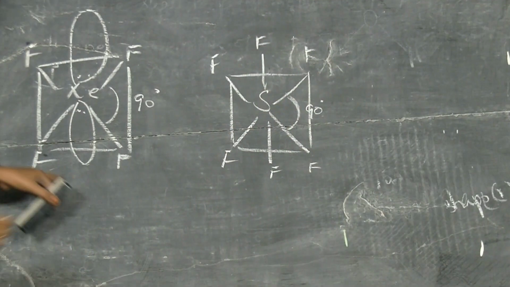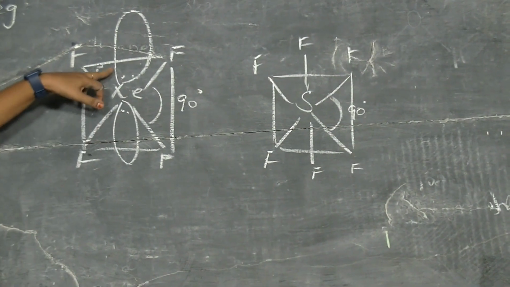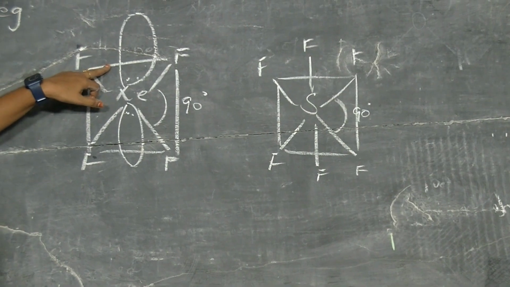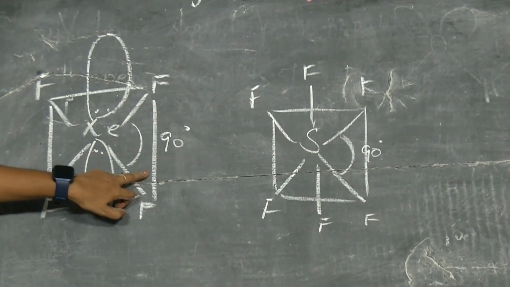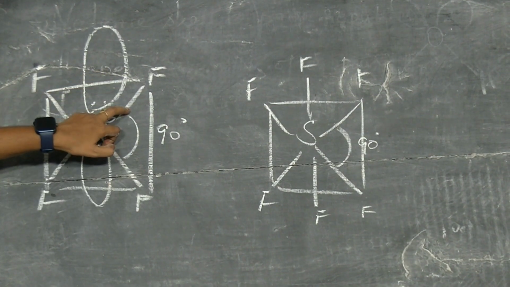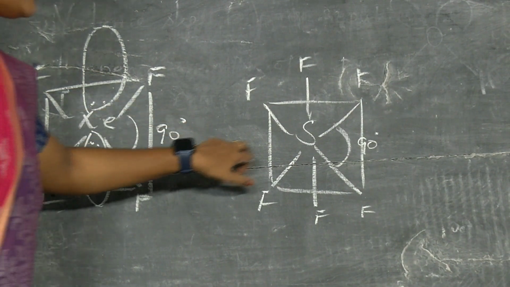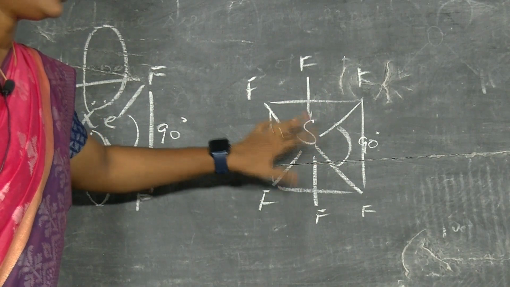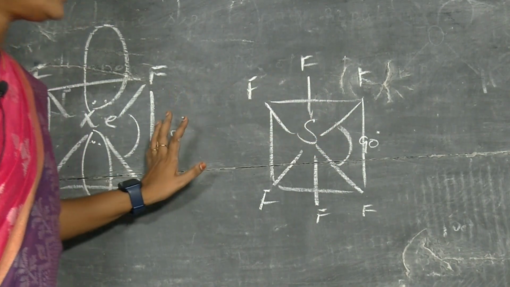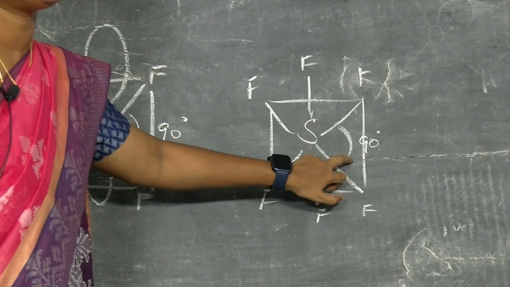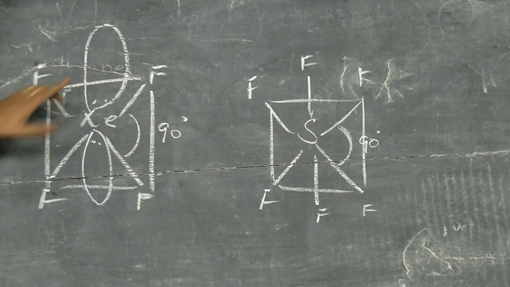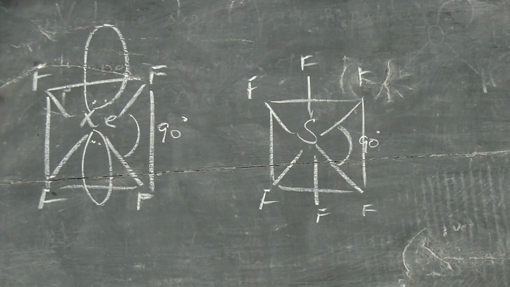In this case, the lone pairs are present opposite to each other. Here the bond angle of FXeF is 90 degrees. Here both lone pair and bond pair are present, so only the bond pair is there, and so also there is no change in the bond angle. Here also FSF is 90 degrees. It is because the lone pairs are present opposite to each other, so the repulsion is very less here.